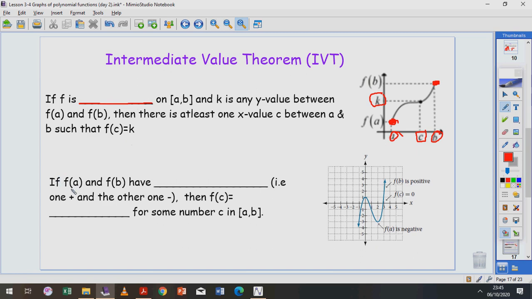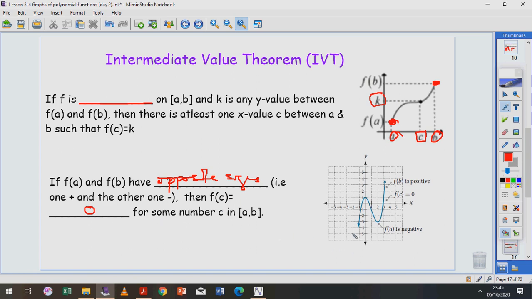Another way to state it is if f of a and f of b have, what do you think, opposite signs. So if they have opposite signs, this is a mathematical way to put it: then f of c has to be equal to 0 for some number c in the interval a and b.